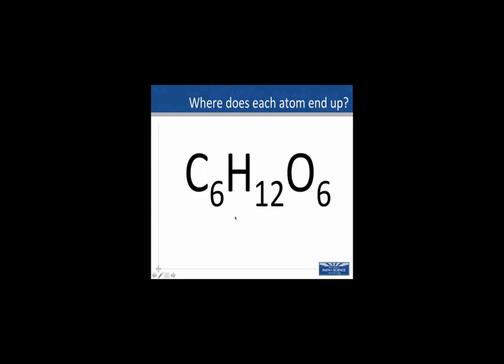Where did they go? They were transferred to the coenzymes, or the electron carriers, in this case FAD and NAD, and they are going to move those electrons along with that energy over to oxidative phosphorylation.